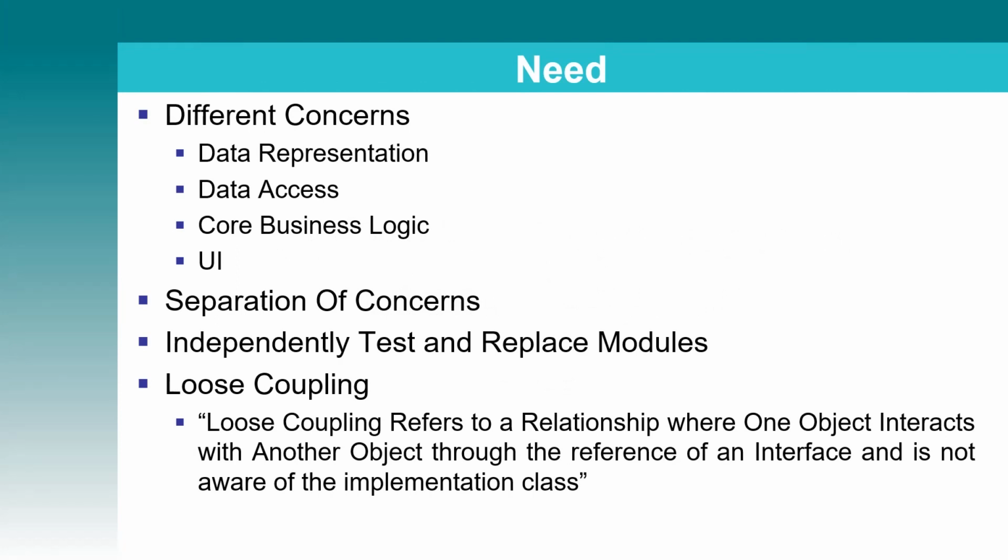Whenever we develop any kind of application, we would see that our application will have different concerns or different dimensions or different aspects to be addressed. So first we need to find a way to represent data of our business domain in some form.